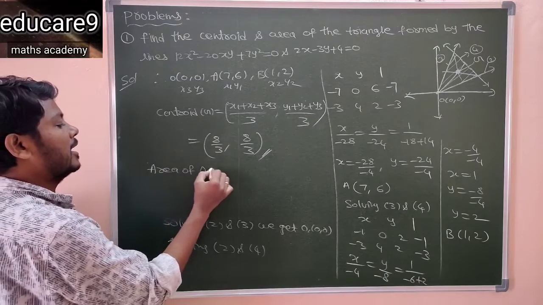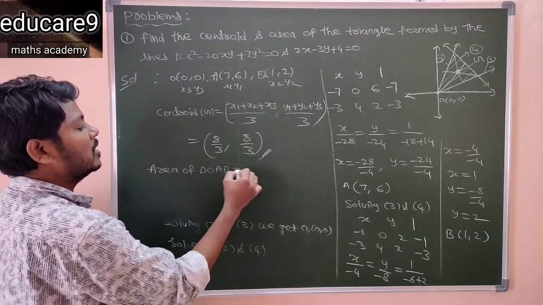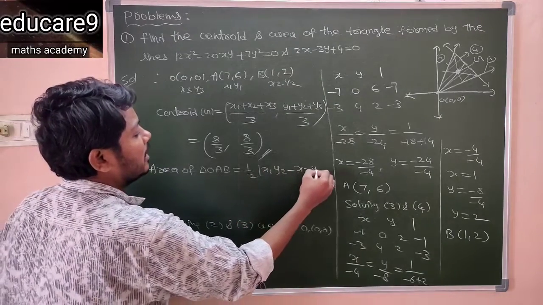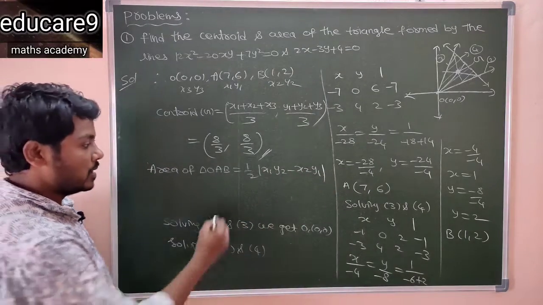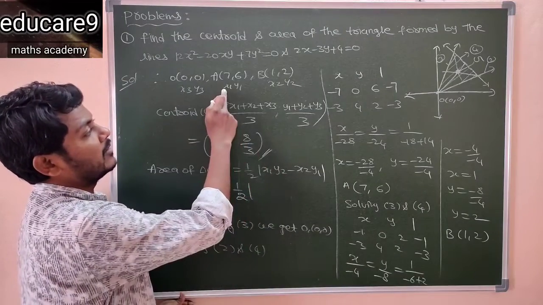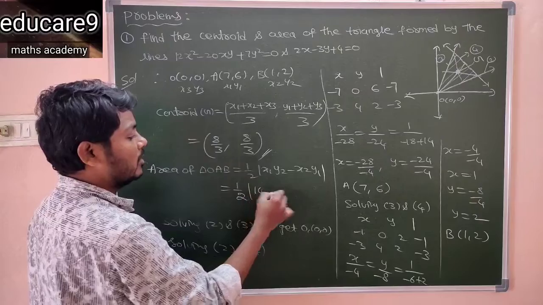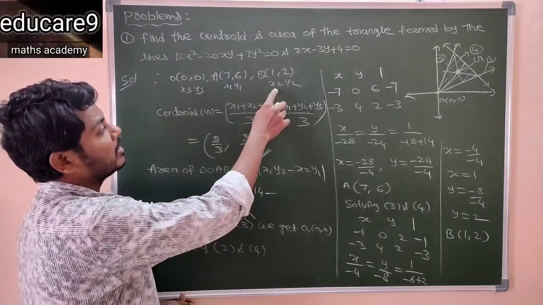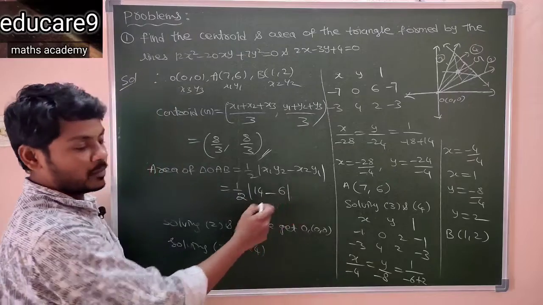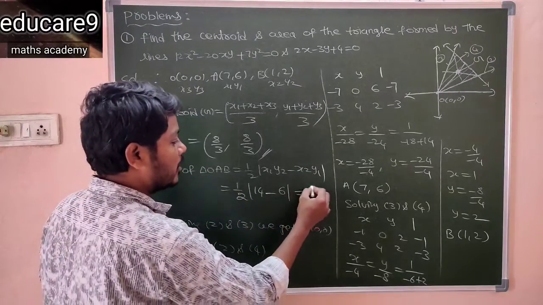And the area of triangle OAB is equal to half of (x1 y2 minus x2 y1). So this is equal to half of, x1 y2, 7 into 2, 14, minus x2 y1, 1 into 6. 14 minus 6, 8 by 2.